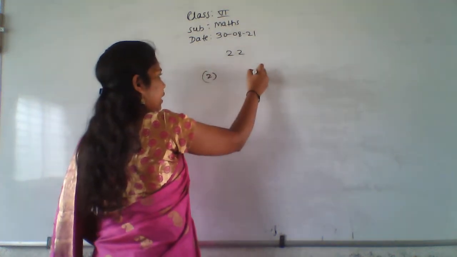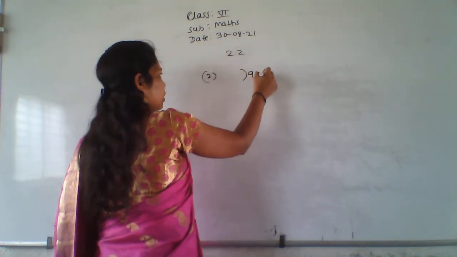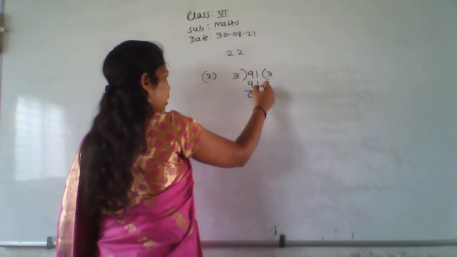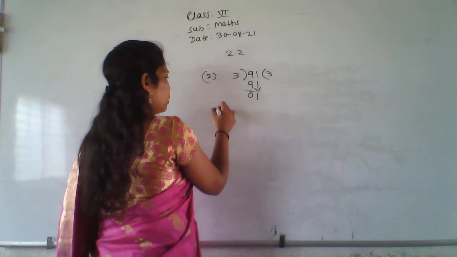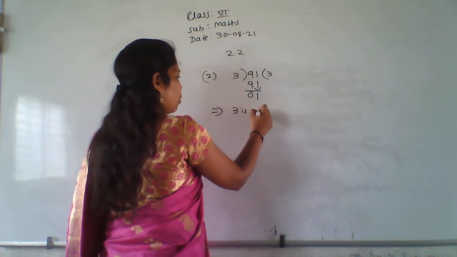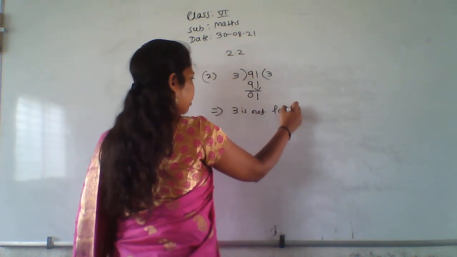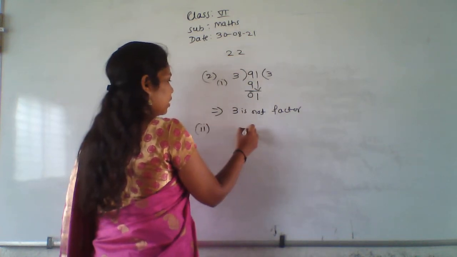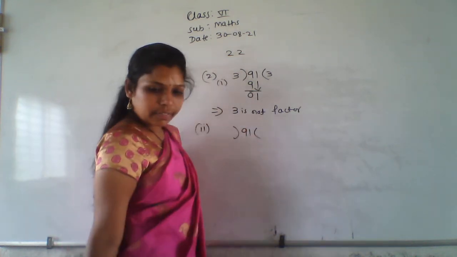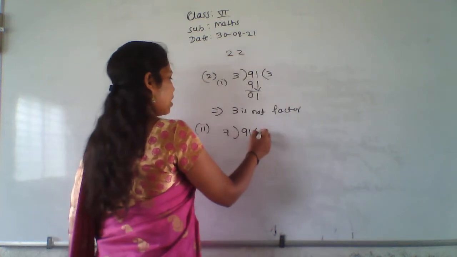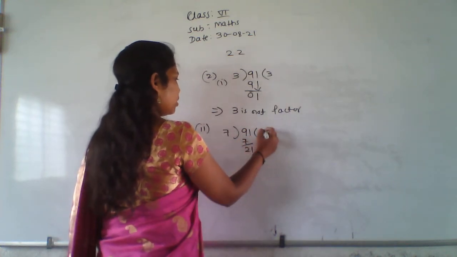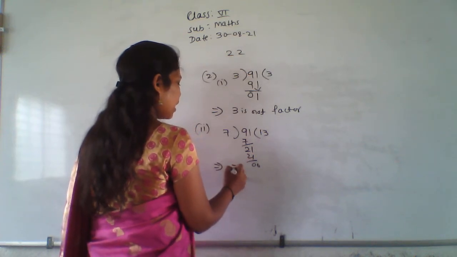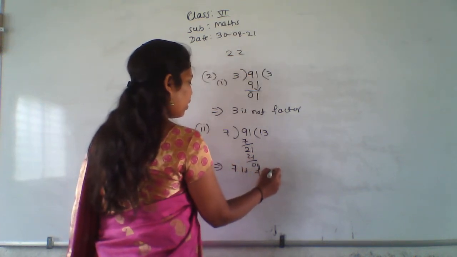Second main, 91 divided by 3. 3 threes are 9, 0 here, again left with 1. Which implies that 3 is not a factor. This is the first case. Next, the second case is 91 divided by which value? 7 they gave. 7 ones are 7 here, 2, 7 threes are 21. Then we can write which implies that 7 is a factor.